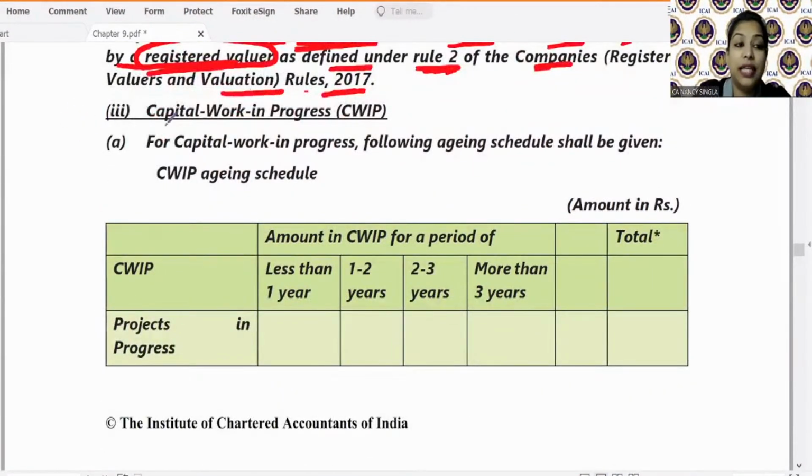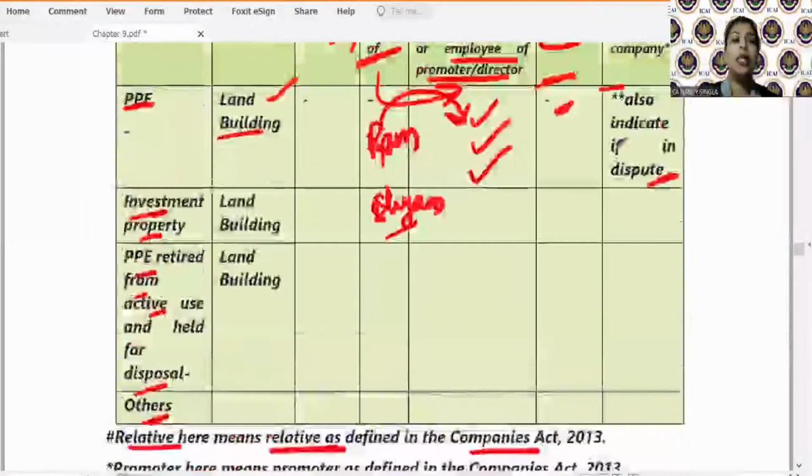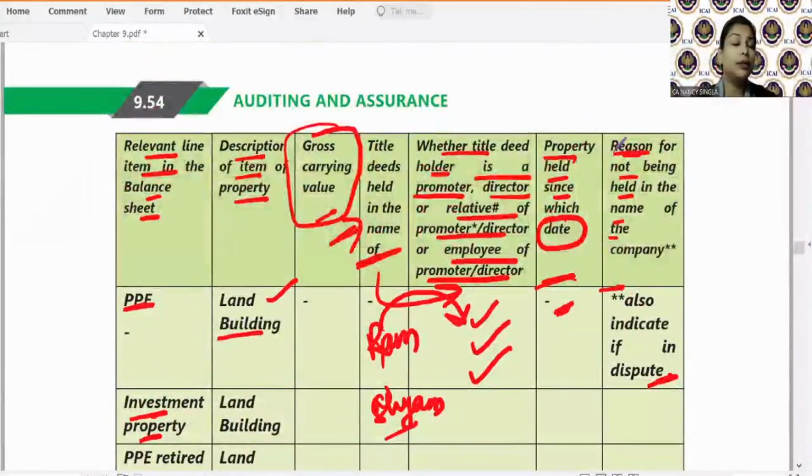Straight question. Capital work in progress with respect to PPE. What are the regulatory disclosure requirements? For capital work in progress, the following ageing schedule shall be given. Here we read that if the immovable property of PPE is not held in the name of the company, it is a risky situation.